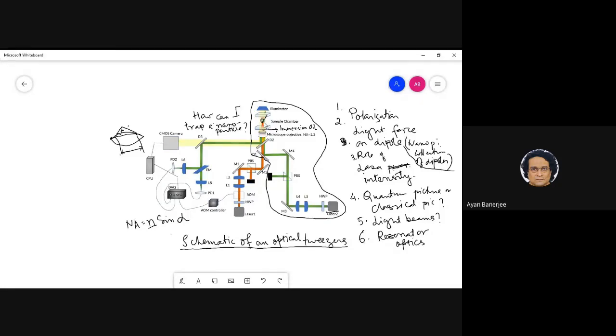There are much more interesting things also, like you may change the nature of the substrate.